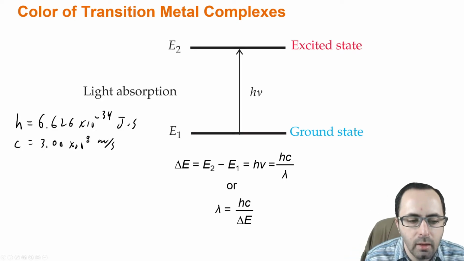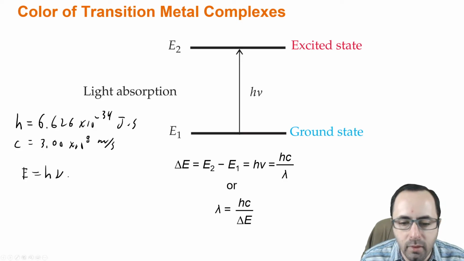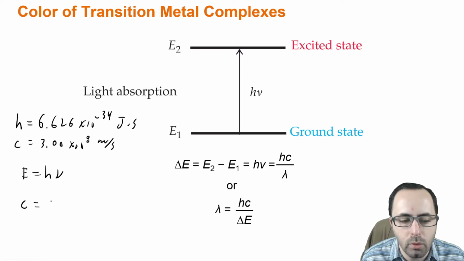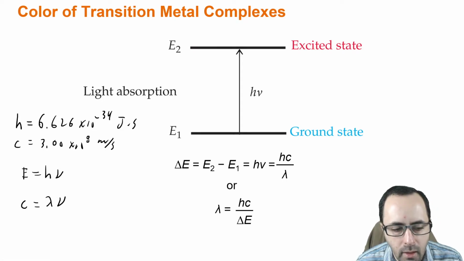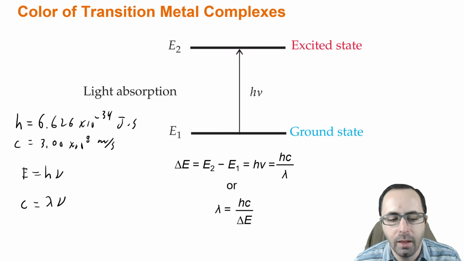Energy equals Planck's constant times the frequency, and the speed of light equals the frequency of the light times its wavelength. These are the relationships that you'll need to know to be able to solve for the energy of a particular light given its wavelength or its frequency.